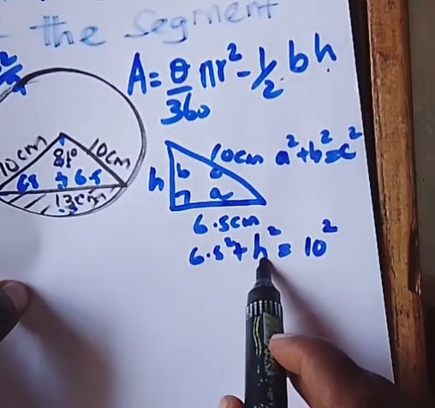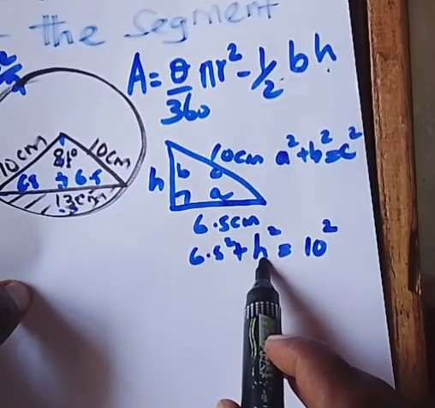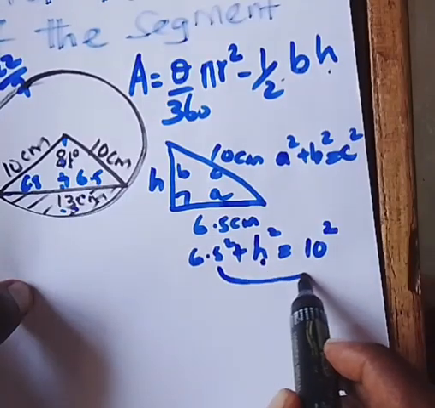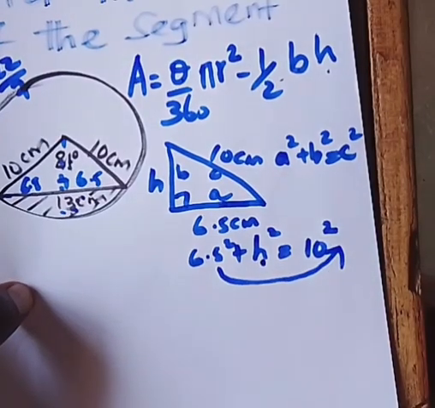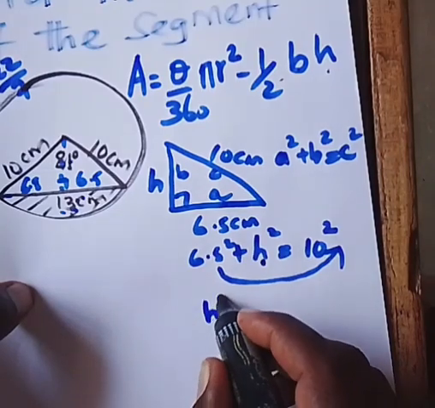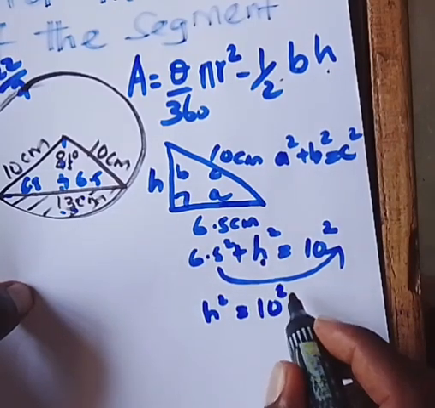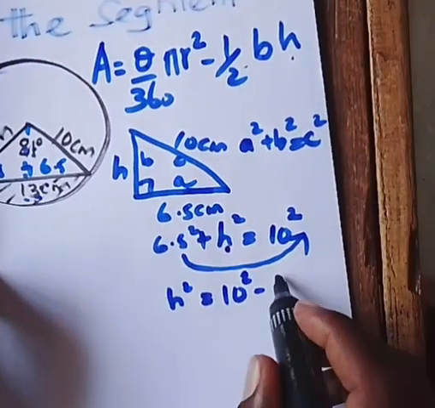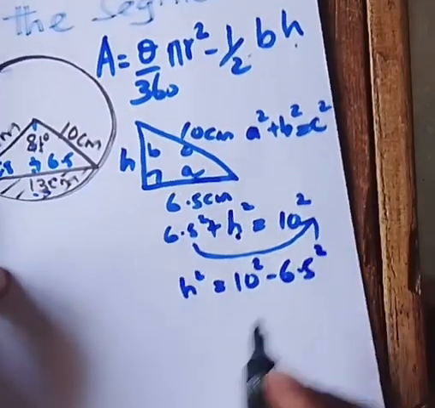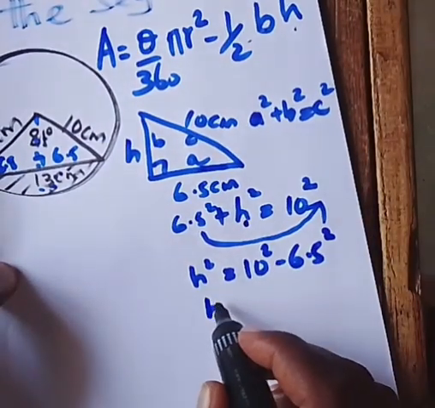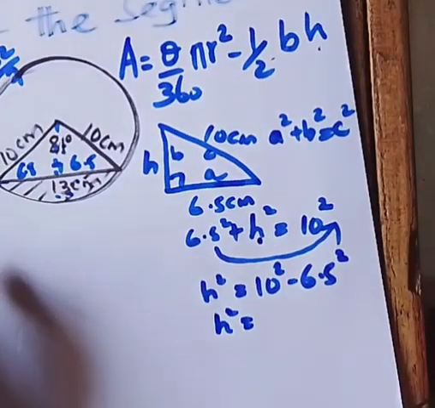If you want to remain with the H squared here, because it is what you are looking for, you can take this one to the other side. And now we will have H squared should be equal to 10 squared minus 6.5 squared.